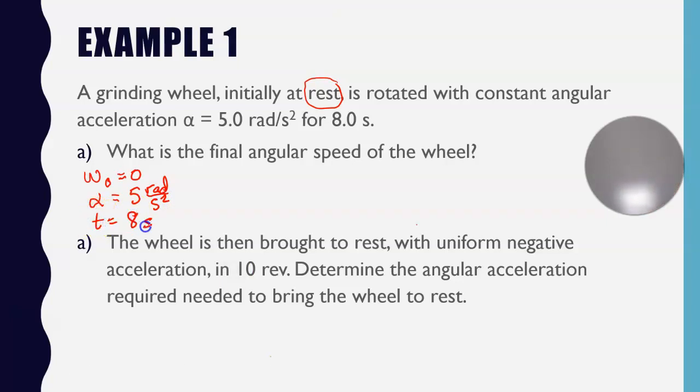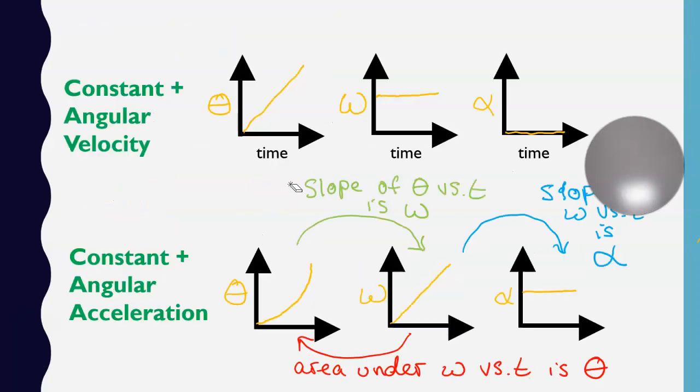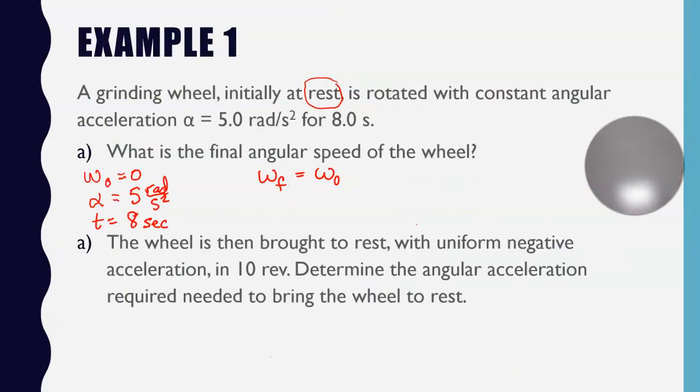Let's see how that works in some equations. The angular velocity equals the initial angular velocity plus the angular acceleration times time. So we get 0 plus 5 times 8, which is 40 radians per second.